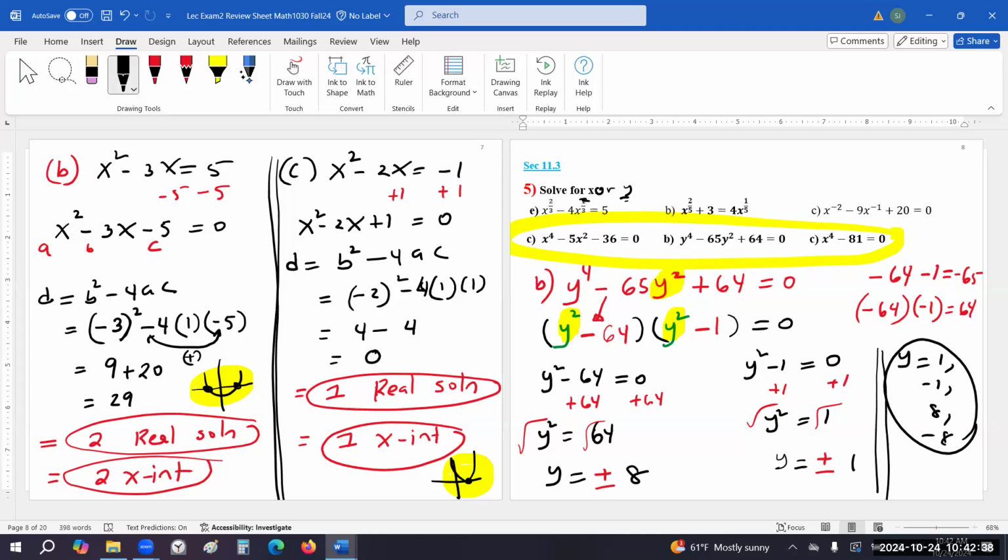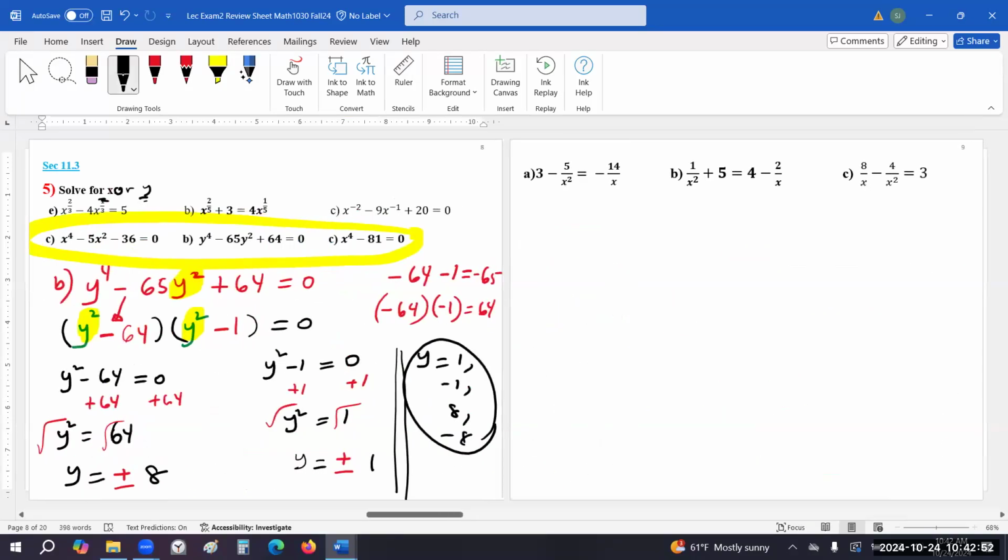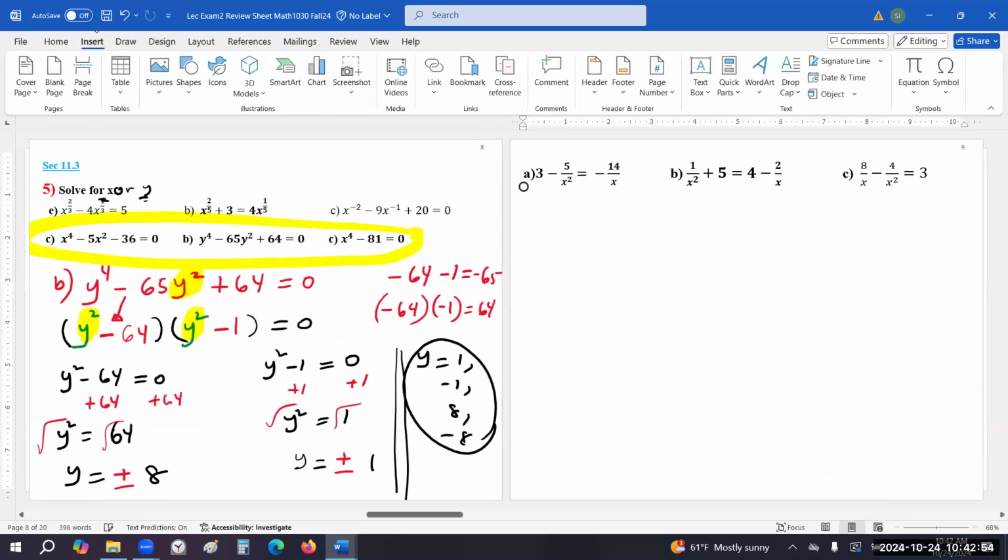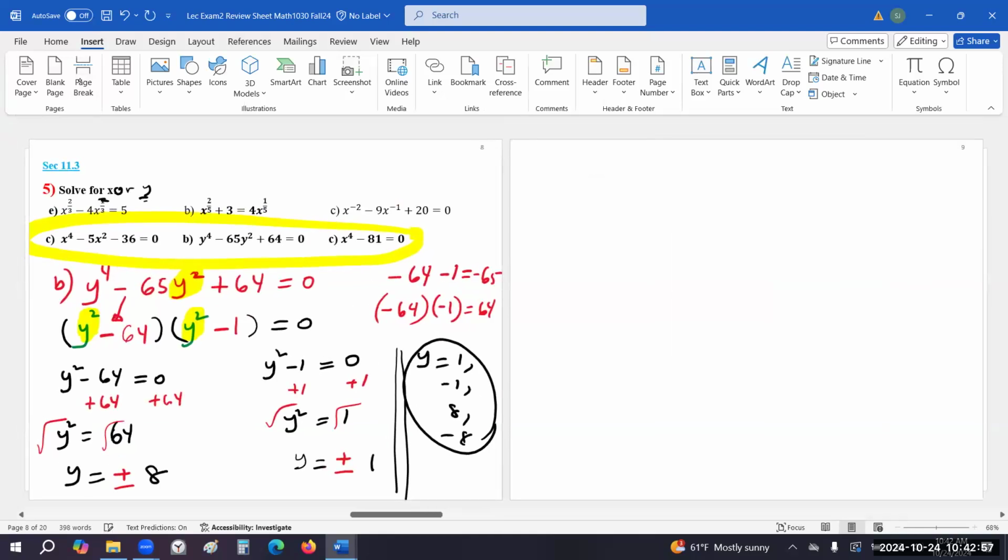But it will not always be true. Sometimes half of them are imaginary and half of them are real. For example, C. Let's also do C because it has only 2 terms. But let me give you some moment to digest this one. They are easy. All of these are easy.